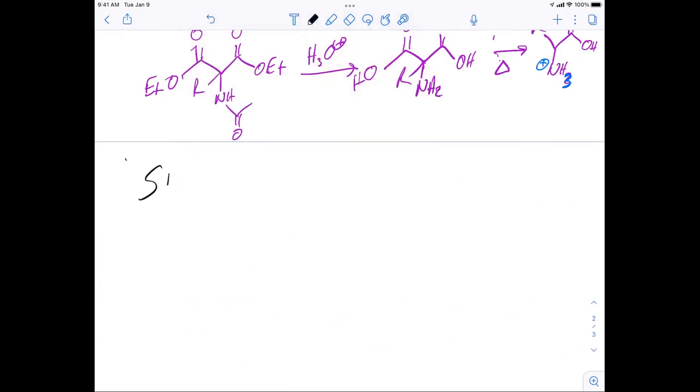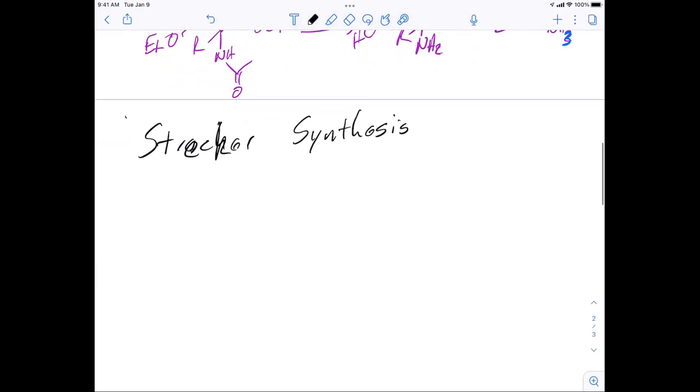The next synthesis we have for amino acids is a Strecker synthesis. This one starts with an aldehyde. Reacts with sodium cyanide in ammonia, so ammonium chloride and cyanide.